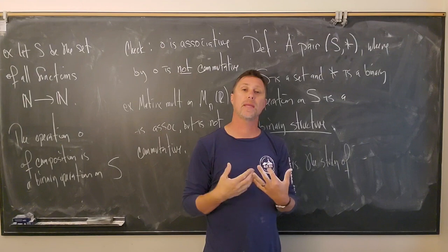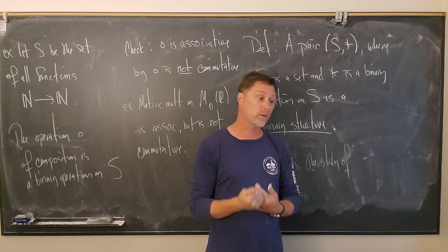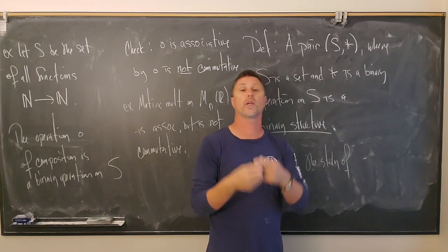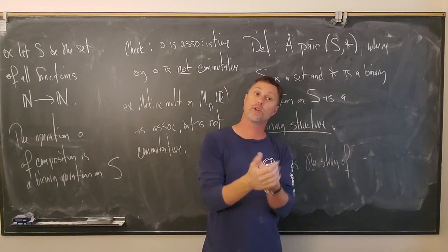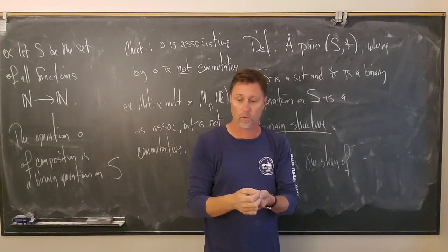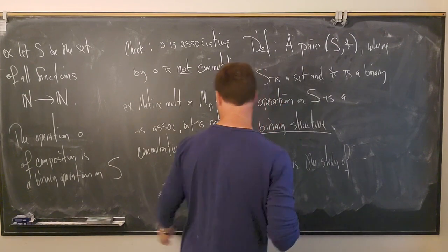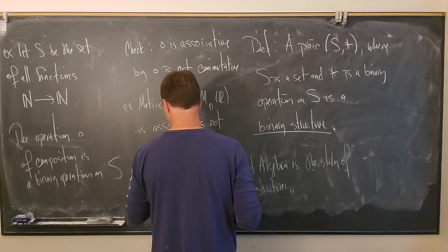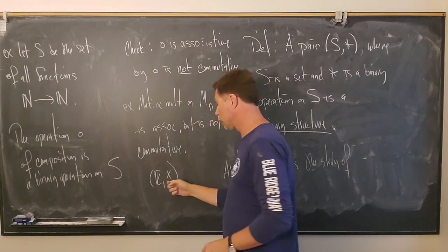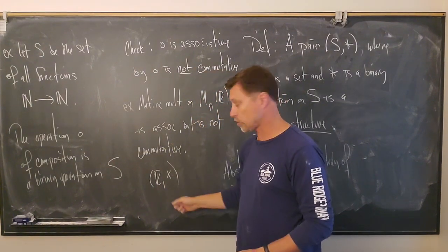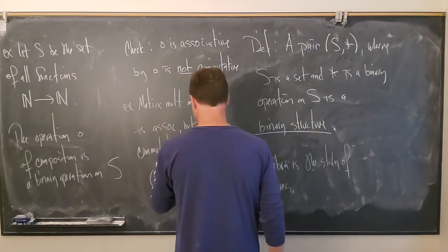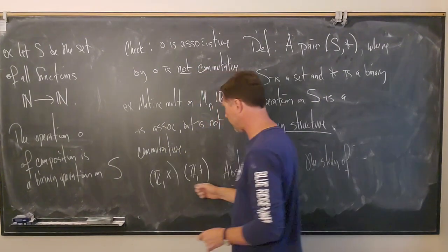You've seen this many, many times when doing arithmetic. You add two integers, you get an integer. You multiply two real numbers, you get a real number. Those are both examples of binary structures. R together with the usual notion of multiplication is a binary structure. Z together with plus is a binary structure.